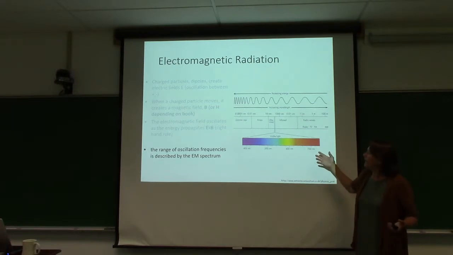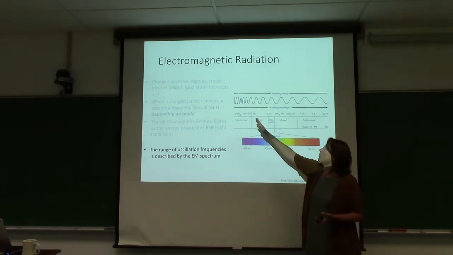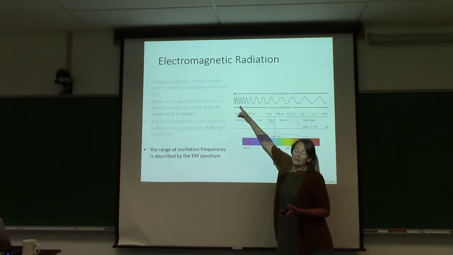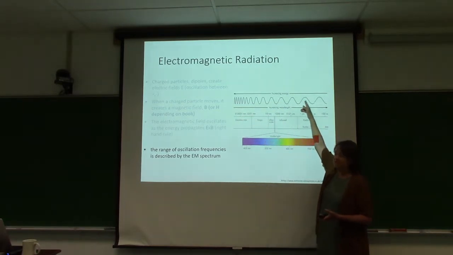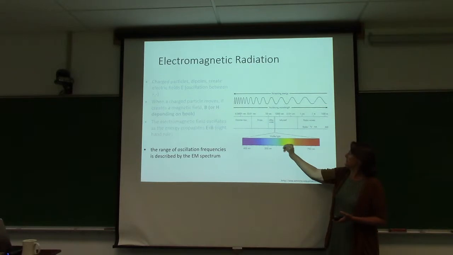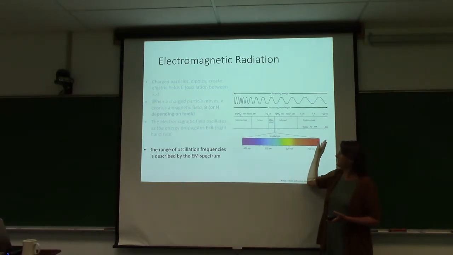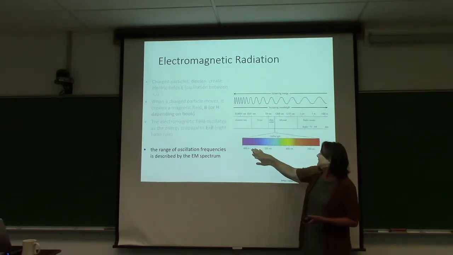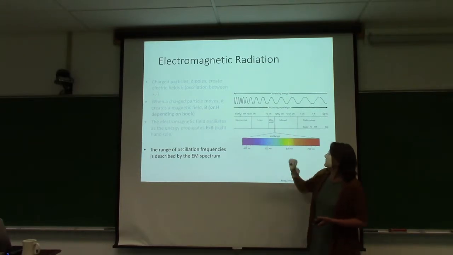You probably all have seen some form of this, where the wavelength increases in this direction, from gamma rays to microwaves or radio waves, with the visible part from blue to red. You can also think about it in terms of frequency.